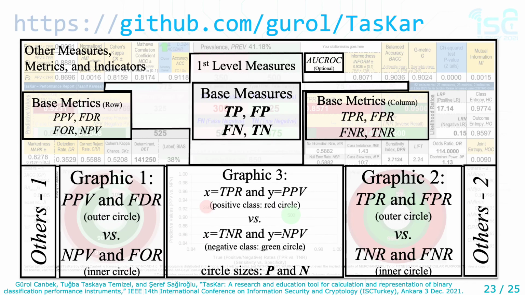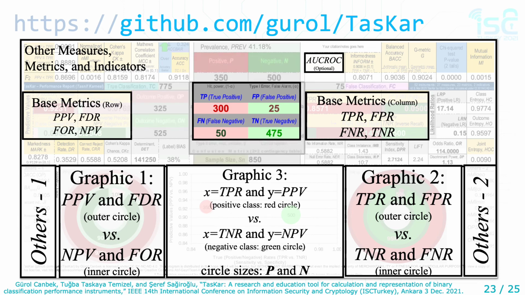I try to arrange the layout of TasKar having such a large number of instruments as compact as possible. At the core, it is the confusion matrix or 4 Bayes measures. You just need to enter these 4 values to see the corresponding instrument values and graphics.